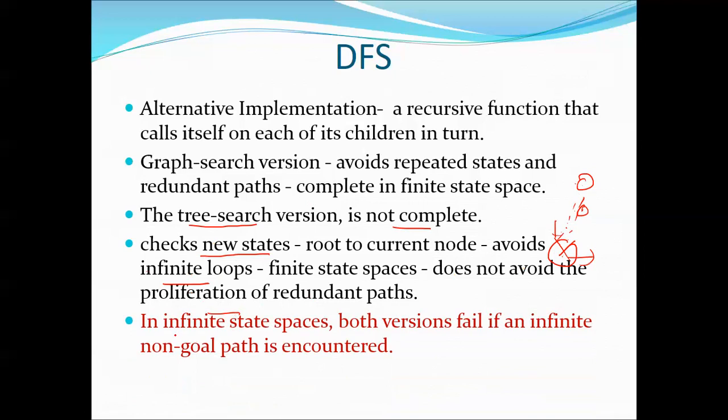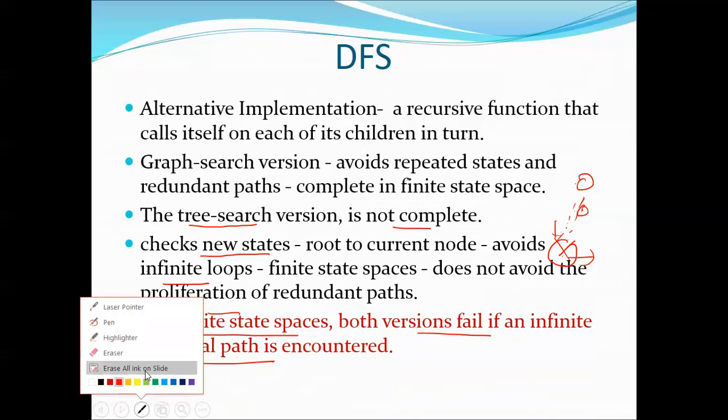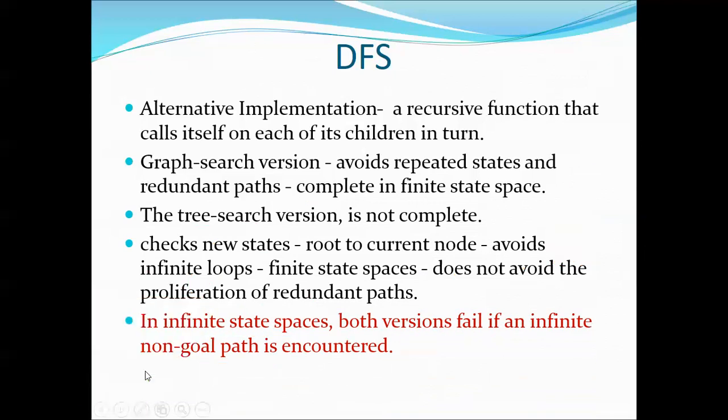In infinite state space, both versions fail if an infinite goal path is encountered. So in infinite state space, both the tree search algorithm and the graph search algorithm will fail to find a solution.